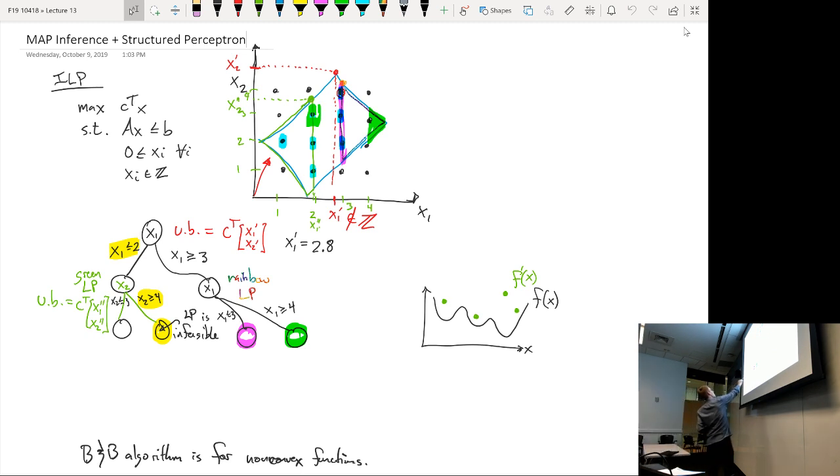So once x1 is less than or equal to 3, suppose we, at this node, got back yet another fractional solution, because x2 is still fractional. So at that moment, we might try to convert it to an integer solution by, say, randomly rounding the resulting value.